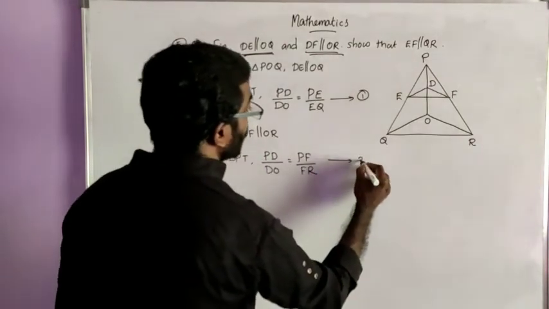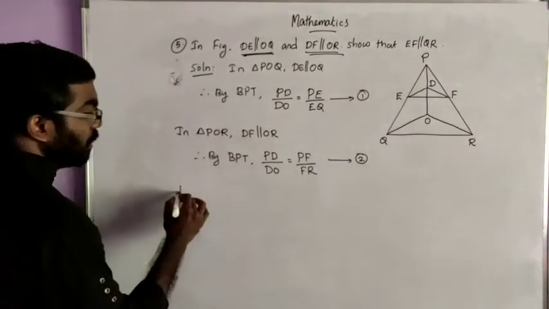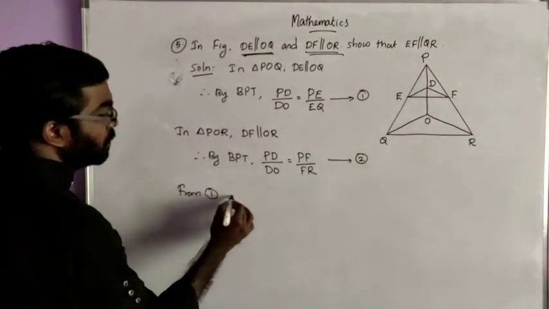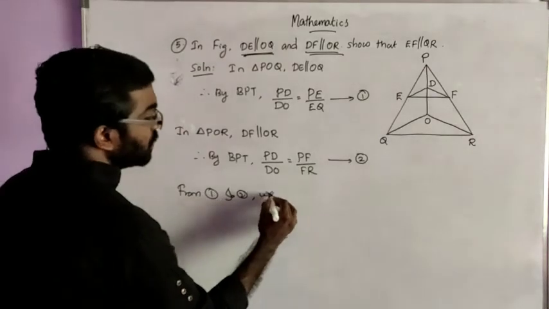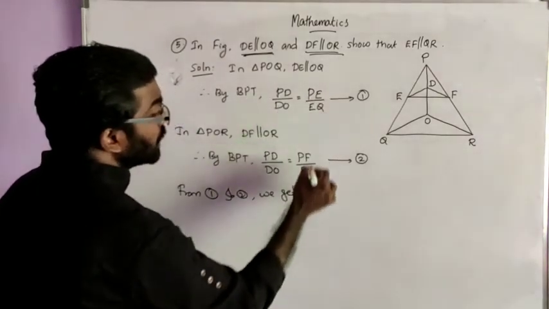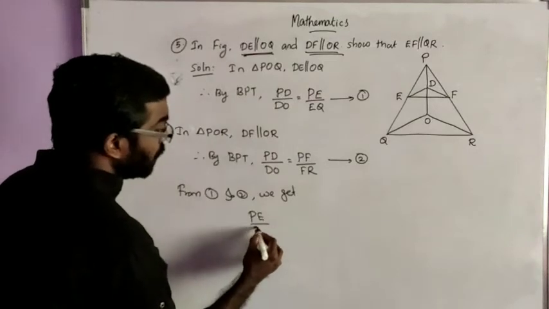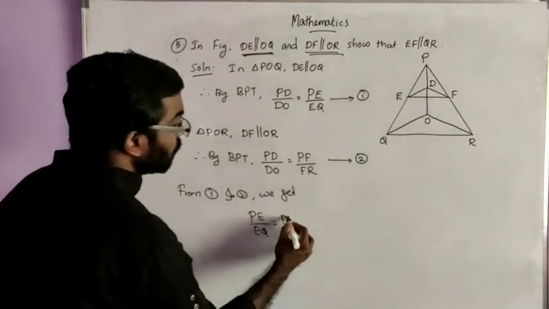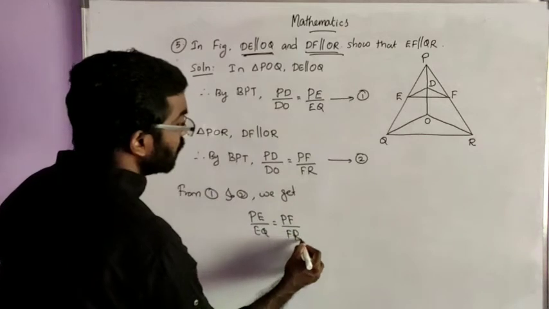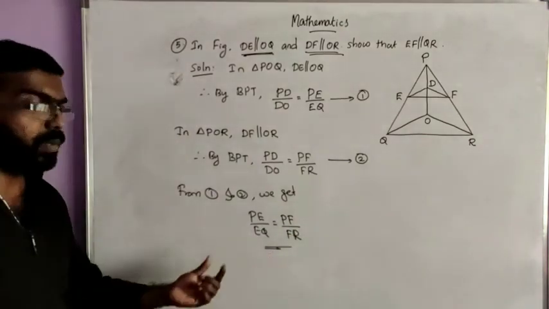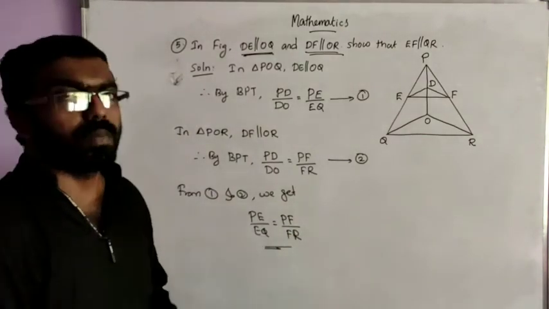You can take it as equation number 2. Now from 1 and 2 we get the LHS is same, so RHS is same. PE by EQ is equal to PF by FR.